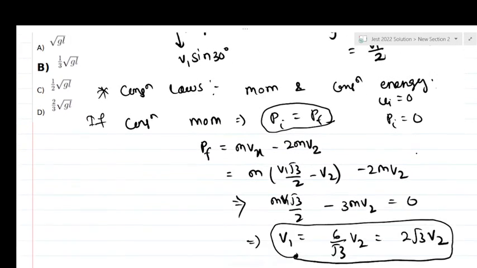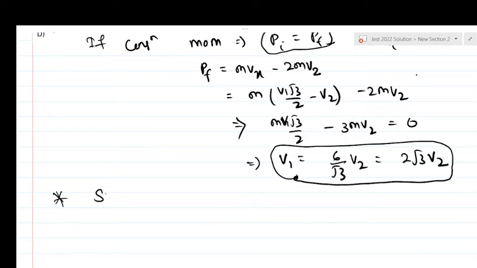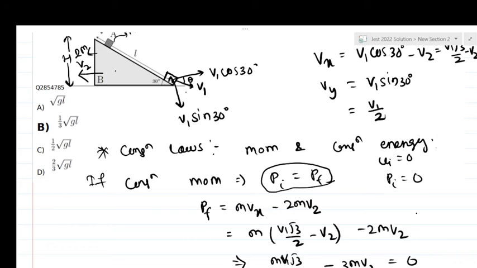we have to apply energy conservation. By energy conservation, the initial total energy equals the final energy.